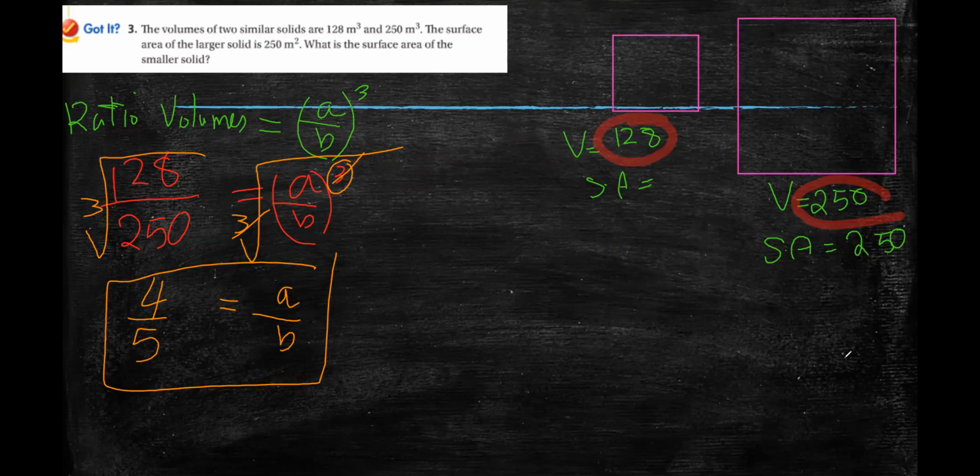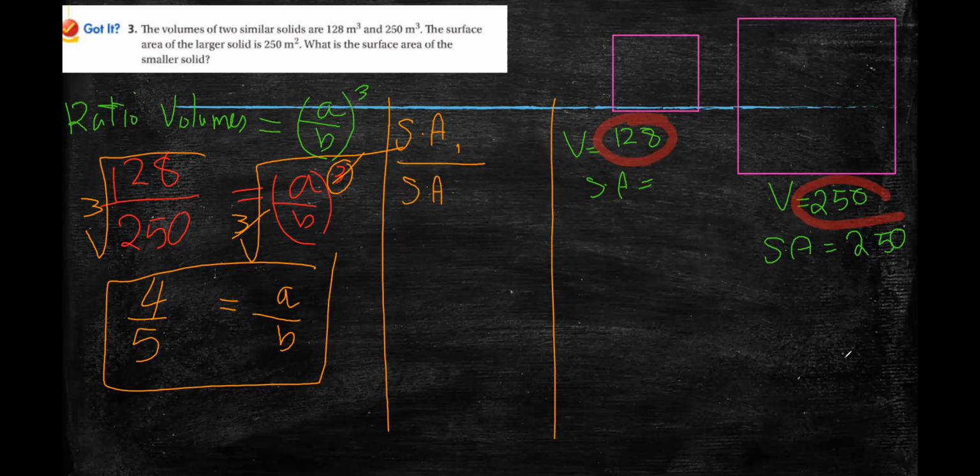But that's not what I need. I need to find the surface area. Now, to find the surface area, as I told you before, the ratio of the surface area of the first one over the surface area of the second one tells me the square of the scale factor.